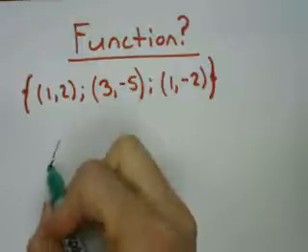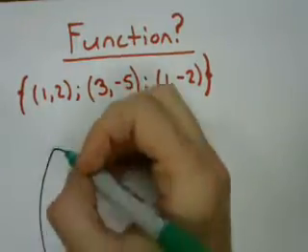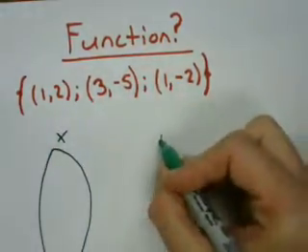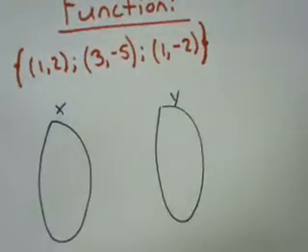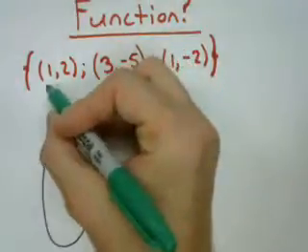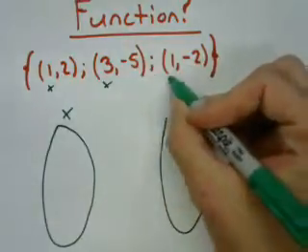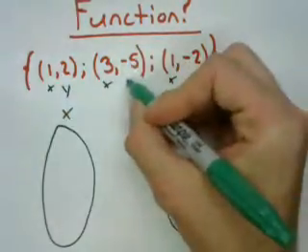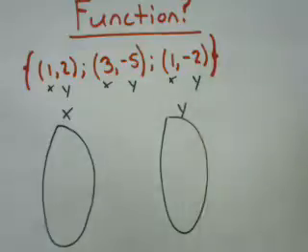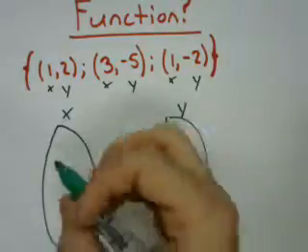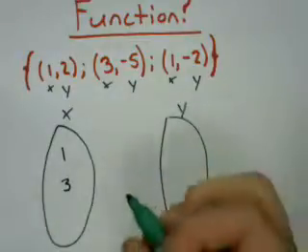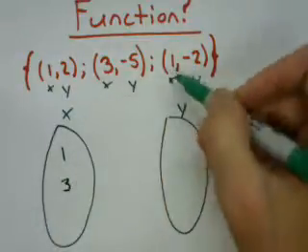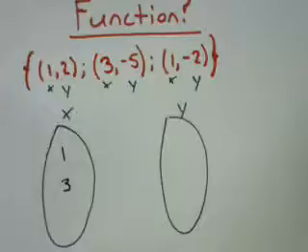So here, if we have our x's and we have our y's, okay? Now we take the x of each one of these and the y of each one of these and place them in the map, in the circle, okay? So we'd place a 1 and a 3 and a 1 again, so I don't actually have to place that 1.